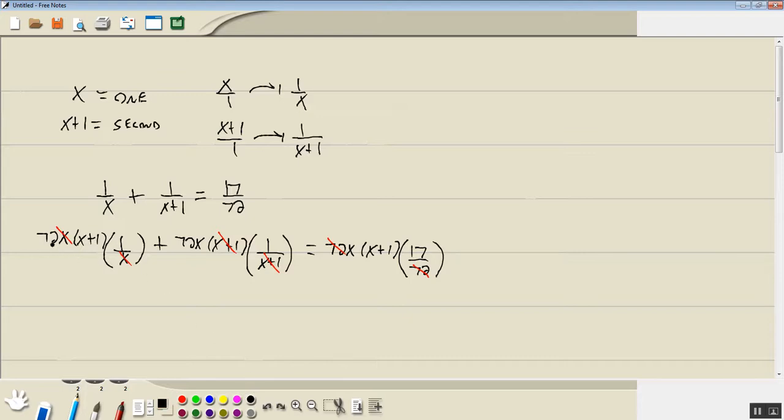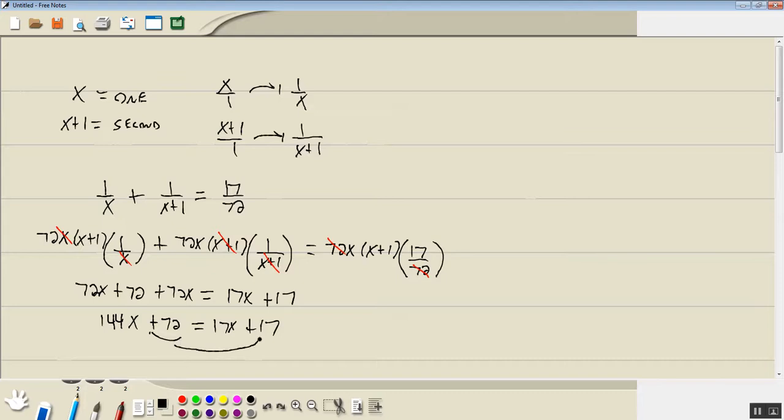The 1's trivial, that drops away. 72 times x is 72x. 72 times 1 is 72. Here, 72x times 1 is 72x. And over here, 17 times x is 17x, and 17 times 1 is 17. 72x plus 72x is 144x plus 72 is equal to 17x plus 17.